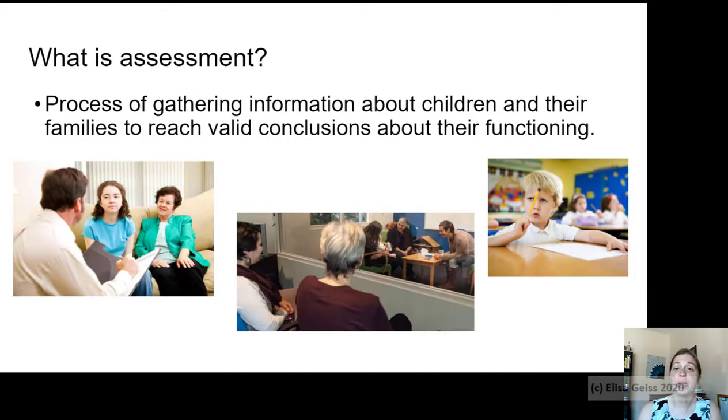So let's start first with, what is assessment? Assessment is our way of gathering information about a particular case. We want to reach out to children, their families, and maybe other people in that child's life to really understand what that child is going through, as well as how well they're functioning in their own lives.